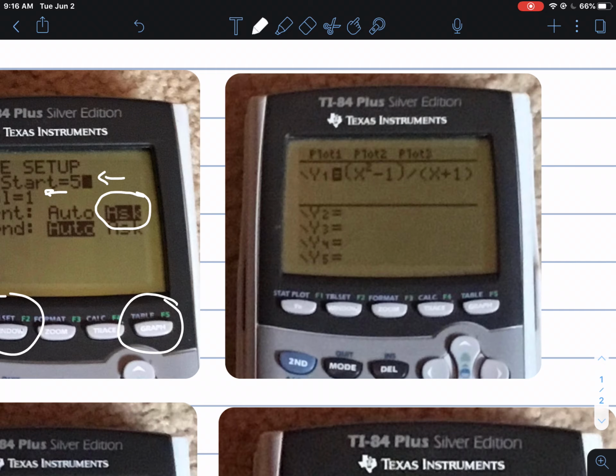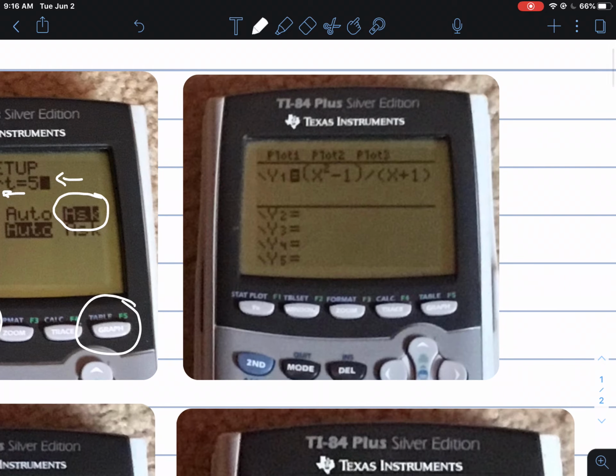Now, we also want to put our function into our y equals editor. Whatever function we're evaluating, put that in. In this case, it's x squared minus 1 over x plus 1, so I'm going to put that into y equals. Also, as a reminder, if you use your calculator to do statistics, we end up turning plots on.